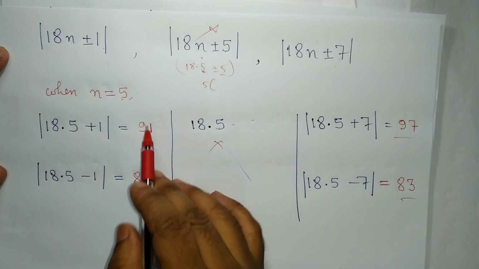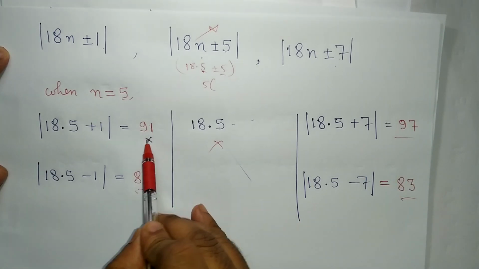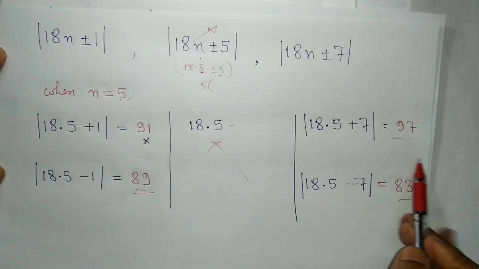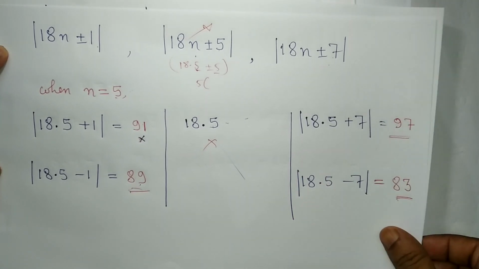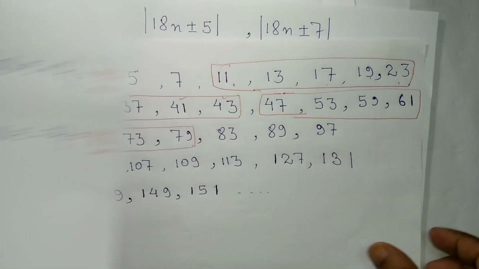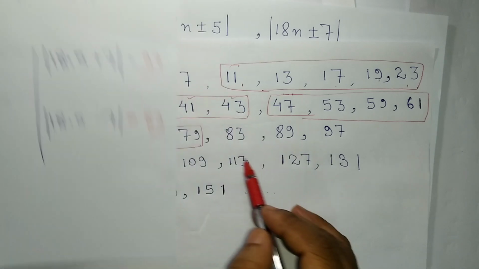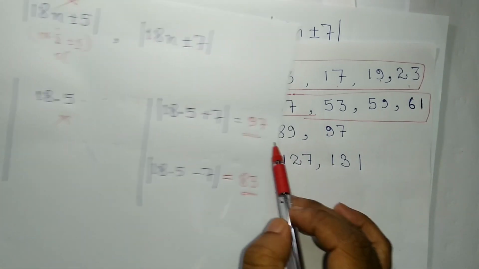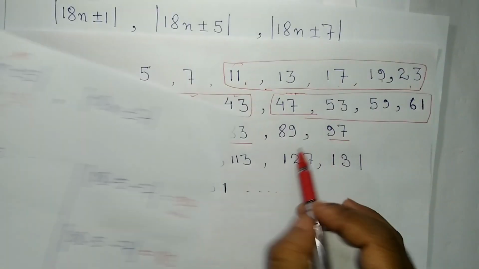Out of 4, only 1 is composite, but the rest 3 are prime. And if we see the chart, we get 83, 97 and 89.